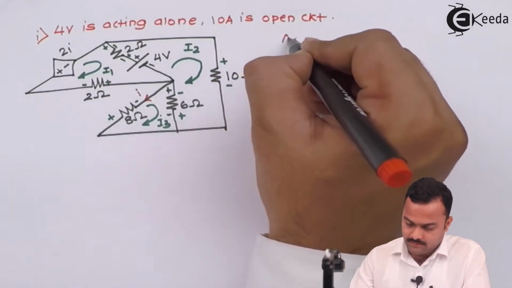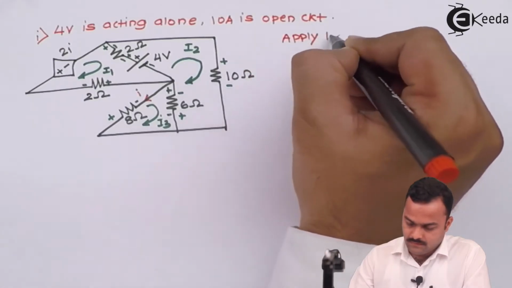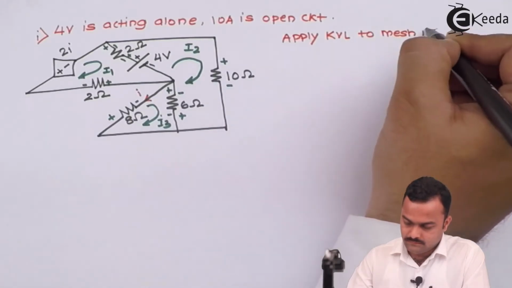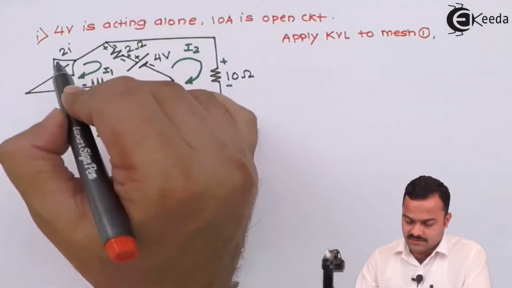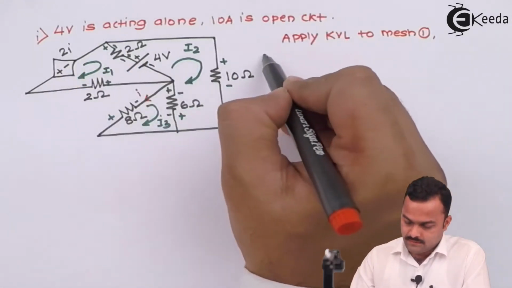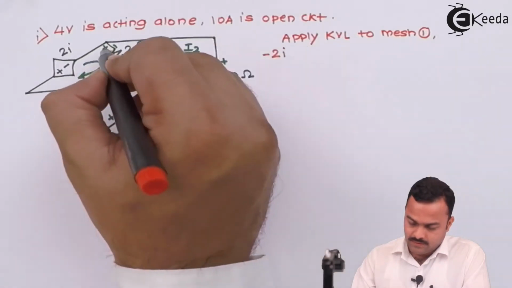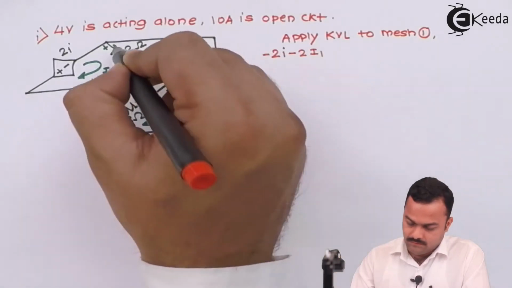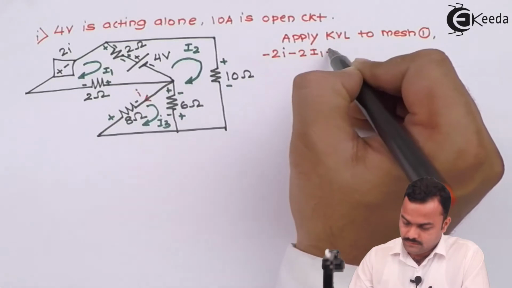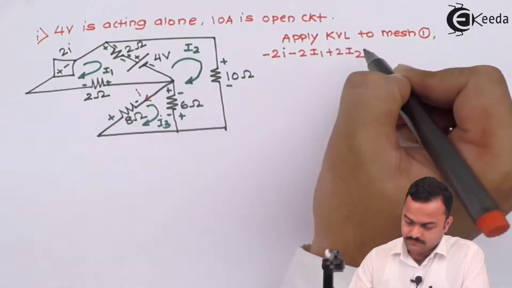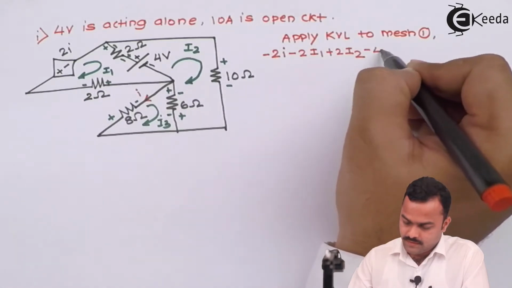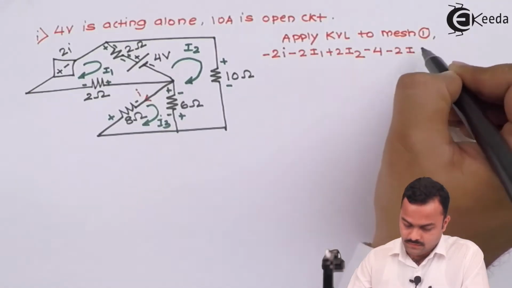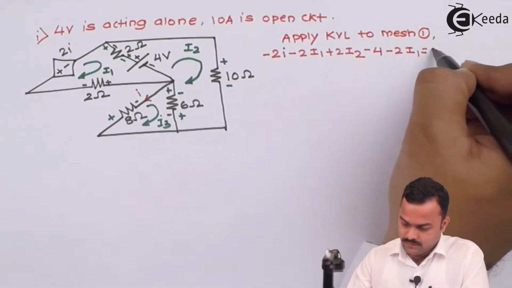So let's apply KVL to mesh 1. Let's start from this voltage source: minus 2I, minus 2I1 because of I1, plus 2I2 because of I2, minus 4, minus 2I1, equal to 0.